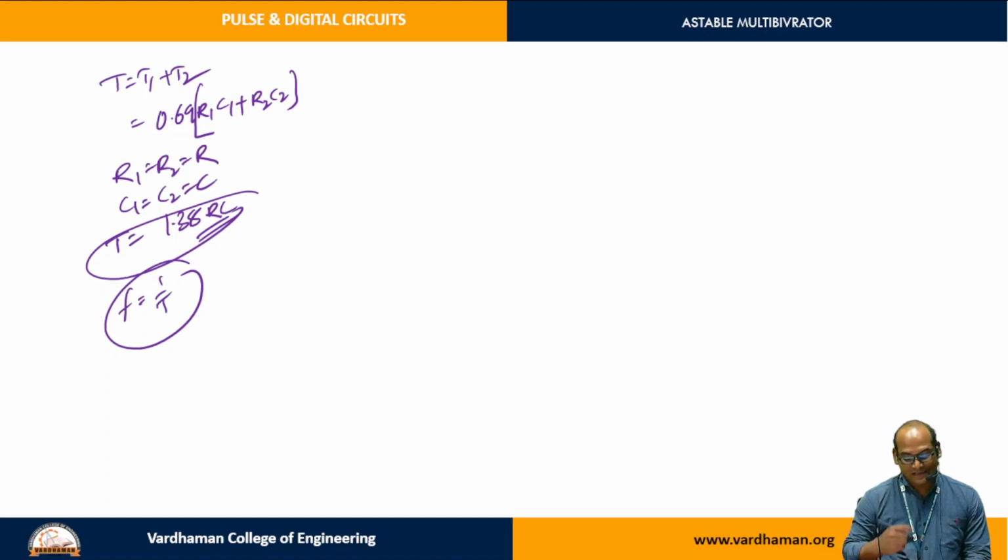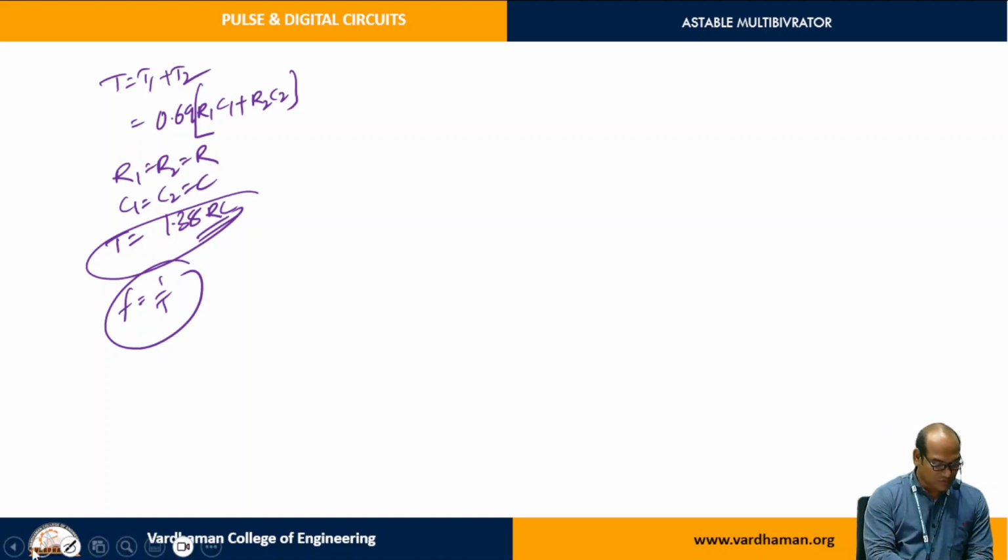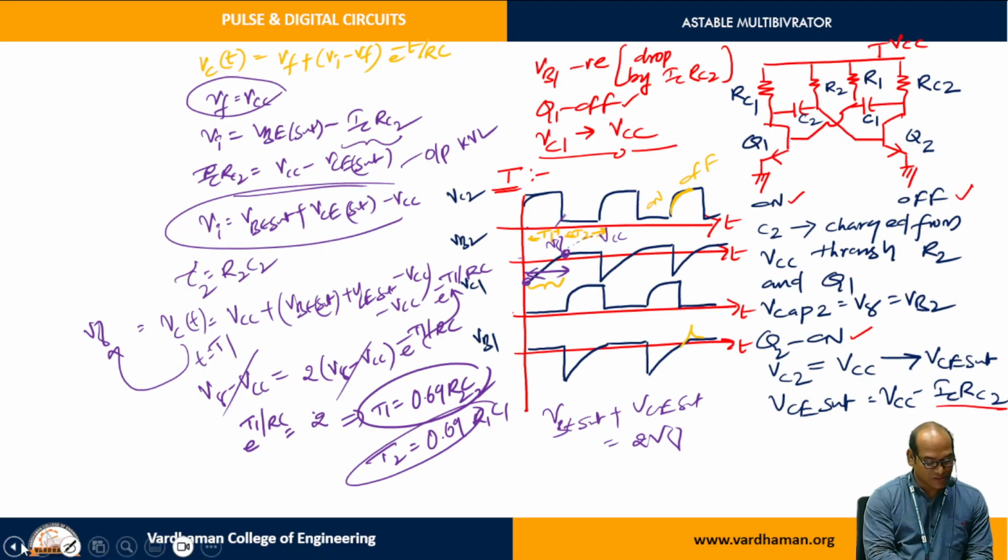So just getting this equation is not enough, you need to understand that equation. If you observe, the circuit is involving 2 transistors, 2 capacitors, 4 resistors. Out of 4, 2 collector resistances are there and the remaining 2 resistors R1 and R2 are available at the bases of the 2 transistors.